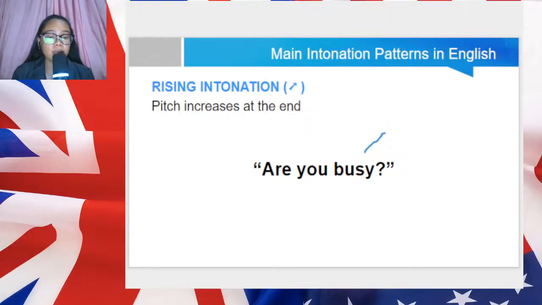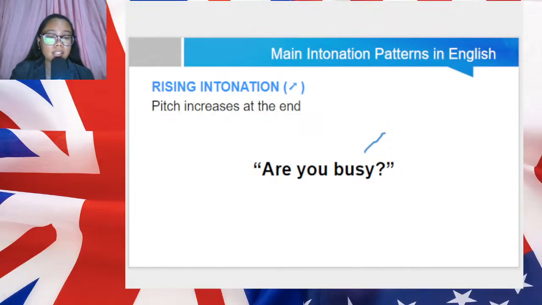So the rising pitch maintains this openness, indicating to the speaker, how do you call it. Rising intonation is when pitch increases at the end. Now, why is it so important? Like, look at those people waiting for the celebrity maybe or someone.